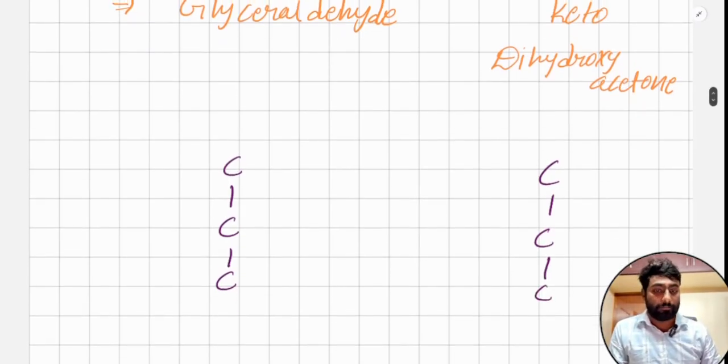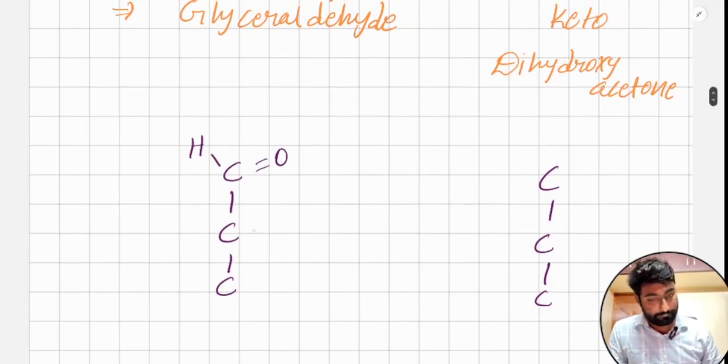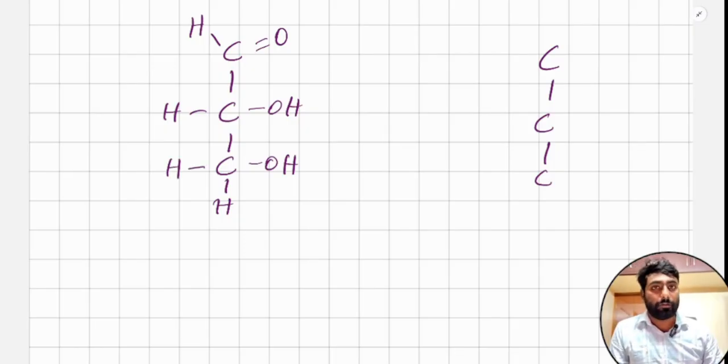Glyceraldehyde has an aldehyde group which is represented like this, in the first position, and dihydroxyacetone has a keto group in it, in the second position.